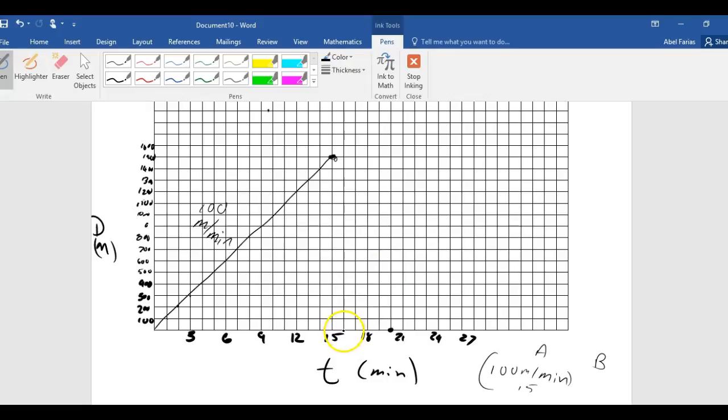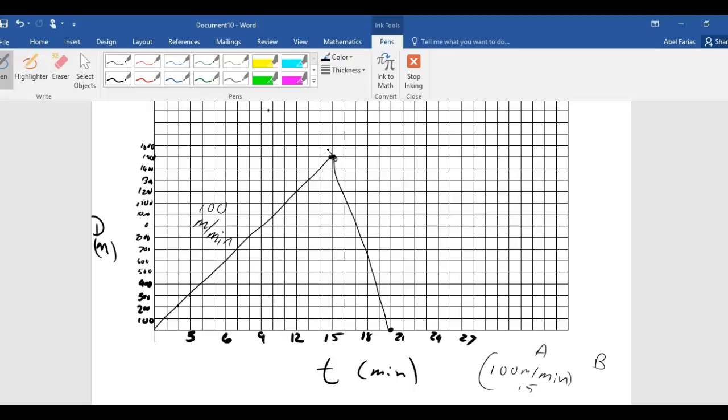So here's 5, this is 15. Yep, 15. That's 5 minutes. That's 20. He travels from there to there in 5 minutes. All right, so that's the next portion of his trip.